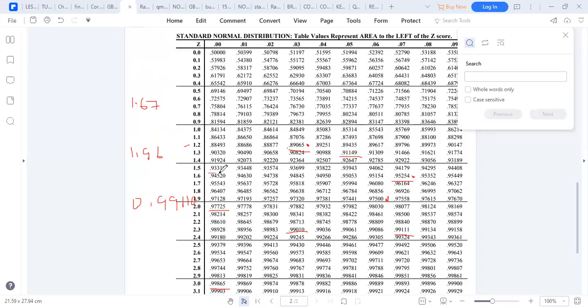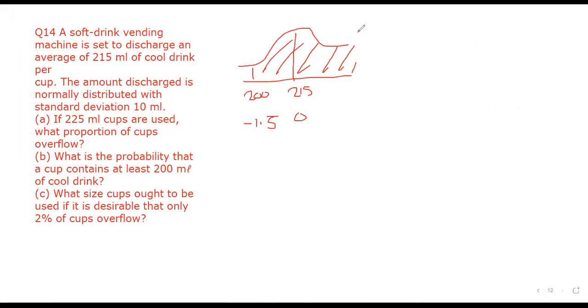So 1.5 here is 0.93319. Because the shading is big, this one is starting from here to here. So this region is big. There's no way we could subtract 0.93319 from 1 unless we're looking for this small region.